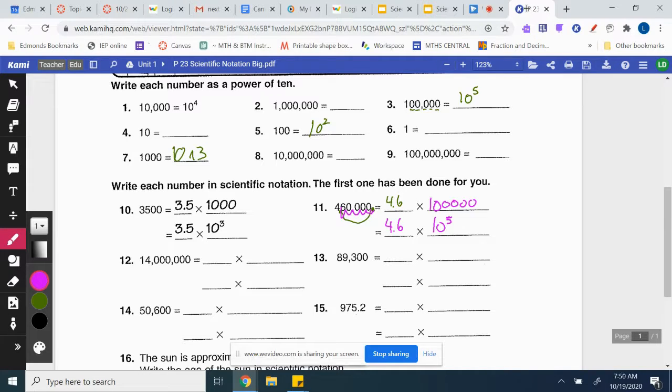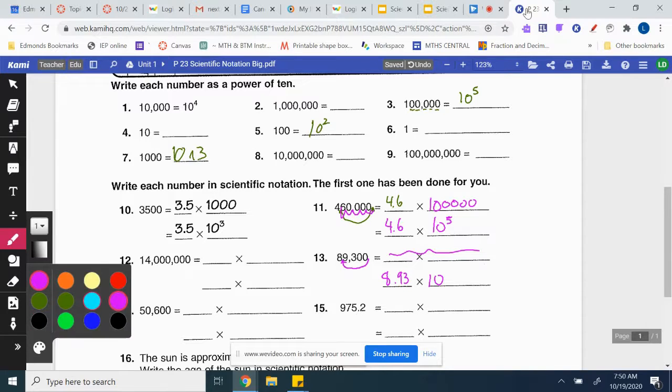Let's try 13. So I move my decimal, and I'm going to skip this step and go straight to the scientific. So I'm going to move my decimal from here to here. I'm going to keep all digits but 0. So it's 8.93 times 10. Now let's count how many times we moved my decimal. Again, I'll change the color so you can see the jumps. 1, 2, 3, 4.